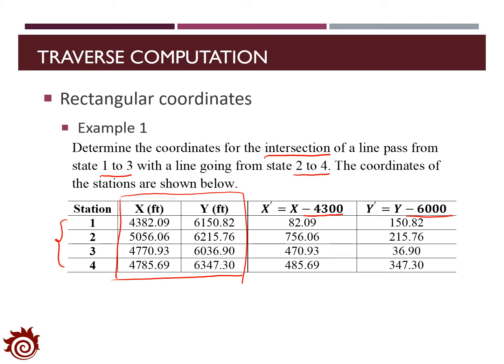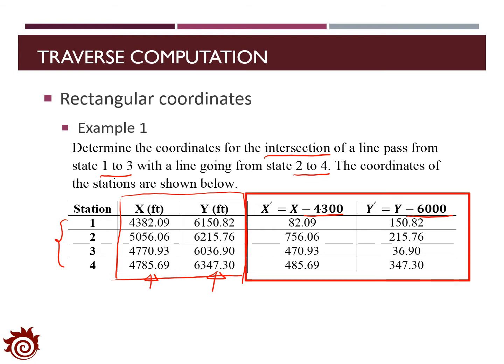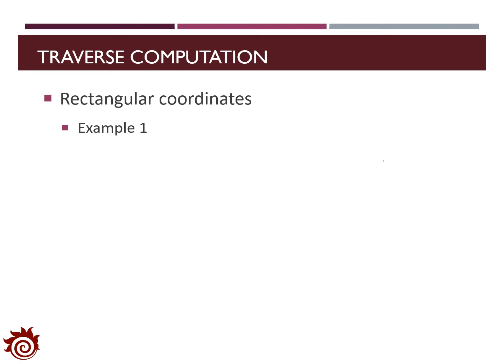And these two values are selected based on the values of the original x and y coordinates. And the last two columns represent the adjusted x and y coordinates, which will be applied for us to do the calculation. Then we can use the adjusted coordinates to identify the intersection of these two lines.